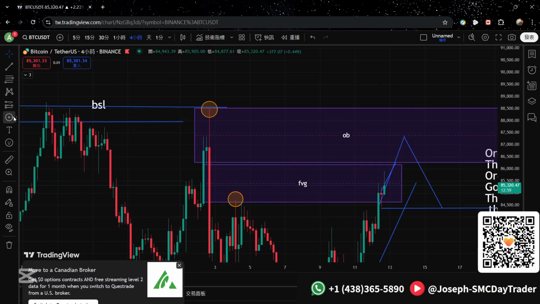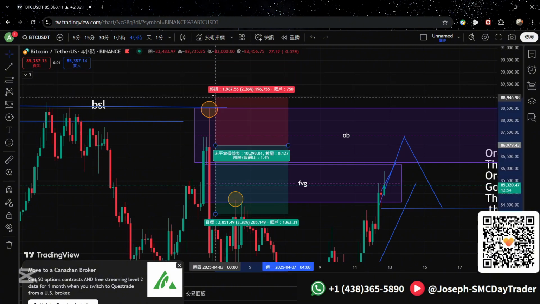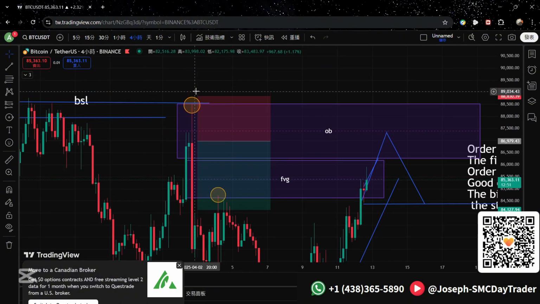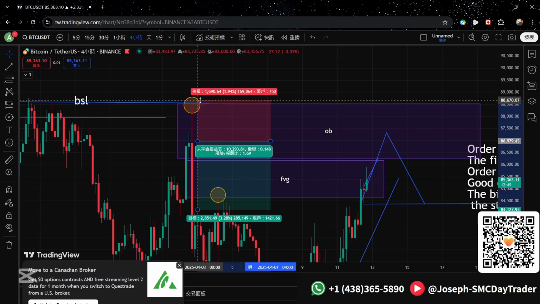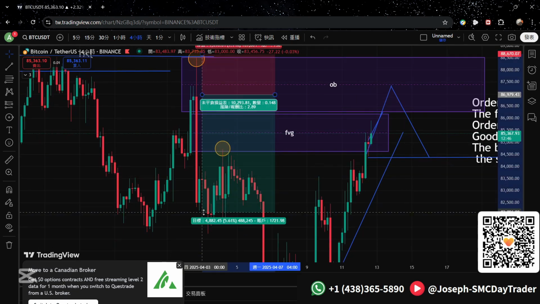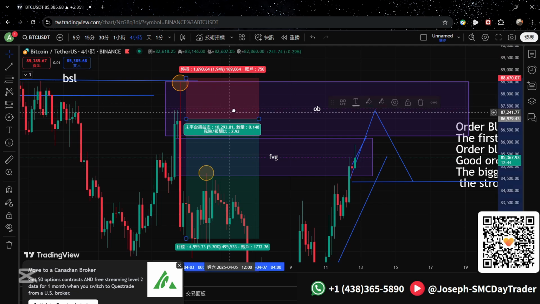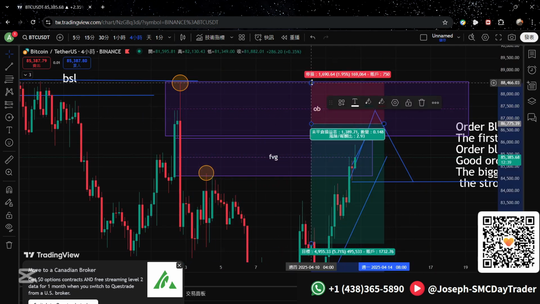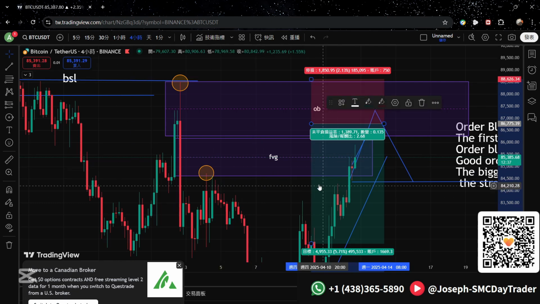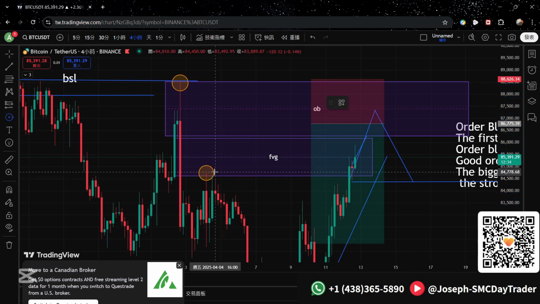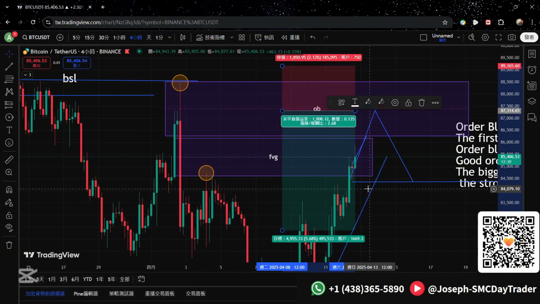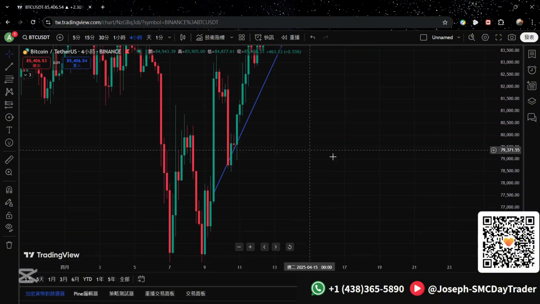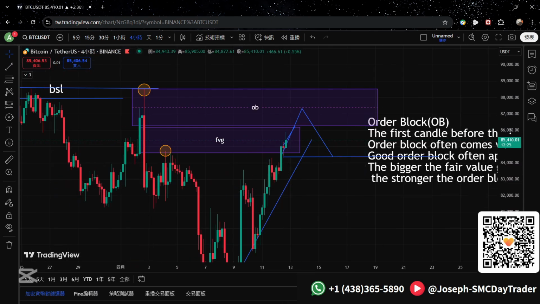So for example, if you're going short here and you put your stop loss here, you will always be safe. If it's me, I will put it just a little bit above the higher point here. For example, in the future, if it hits here, maybe you can try to enter, but you have to be careful because the fair value gap here has been touched and tested before, and this is an immense uptrend.